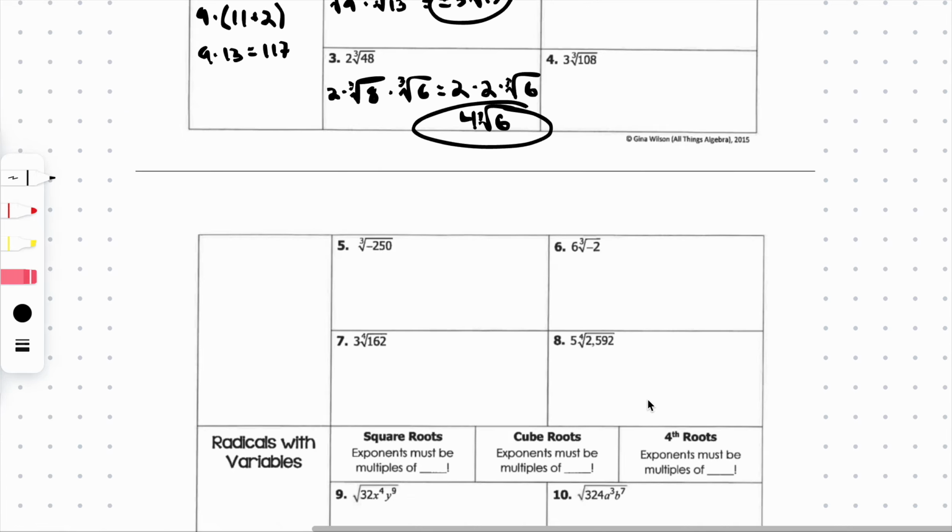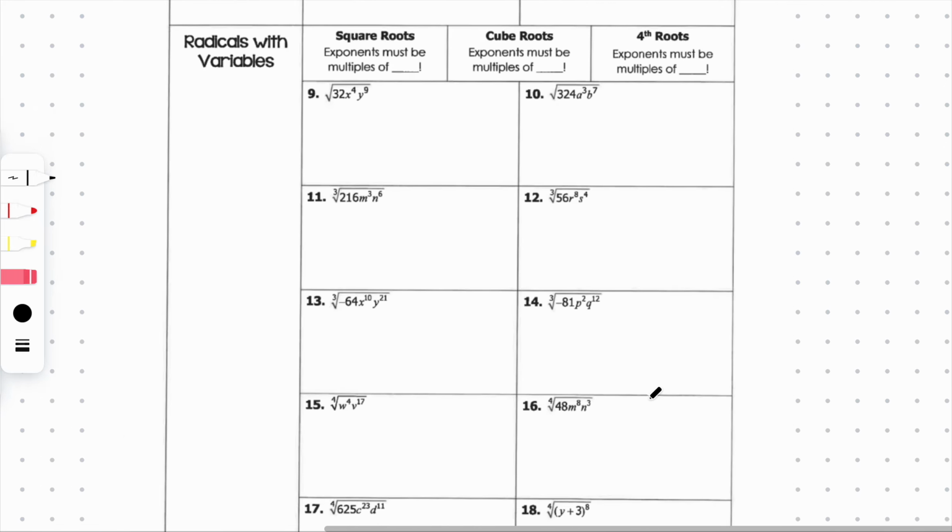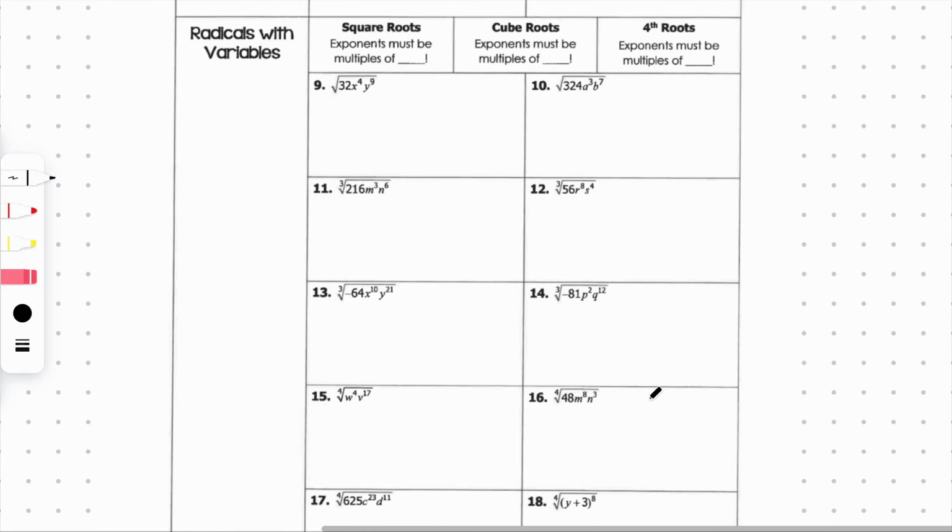Okay, now let's move on to radicals with variables. So square roots, exponents must be multiples of 2. For cube roots, exponents must be multiples of 3. For fourth roots, exponents must be multiples of 4.